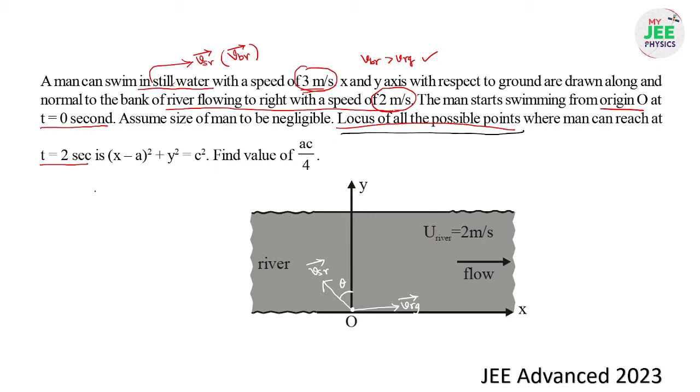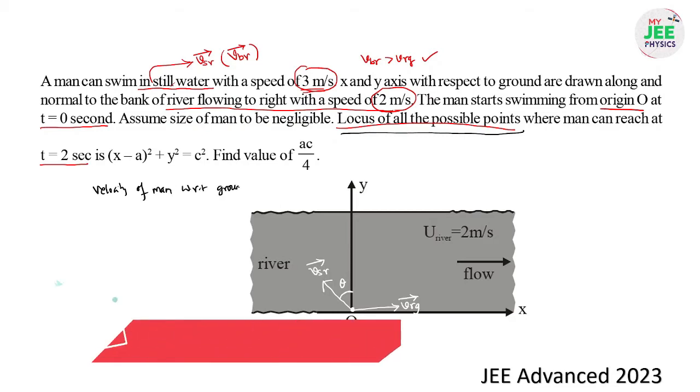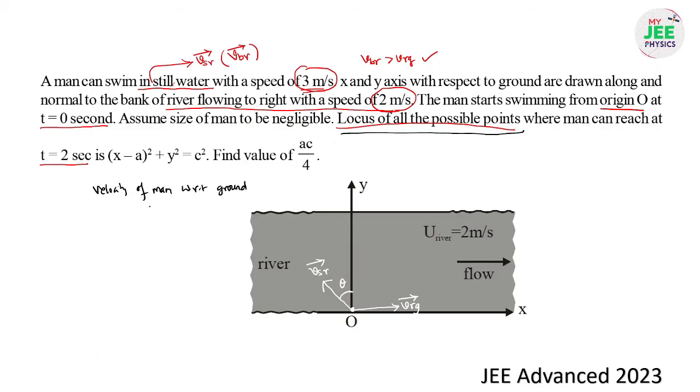So what is the velocity of the man, or velocity of the swimmer, with respect to ground? I want the velocity of the man with respect to ground so that I can find the position once I know the velocity. For that we use the velocity of the swimmer with respect to river.